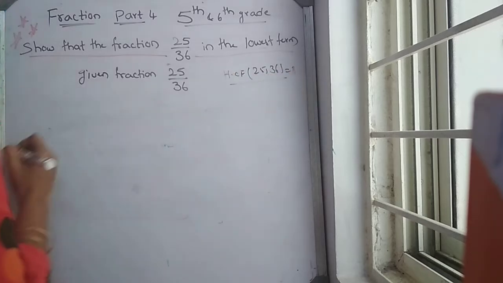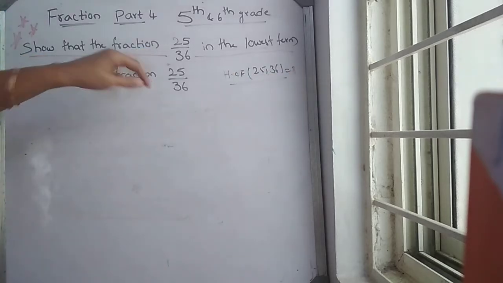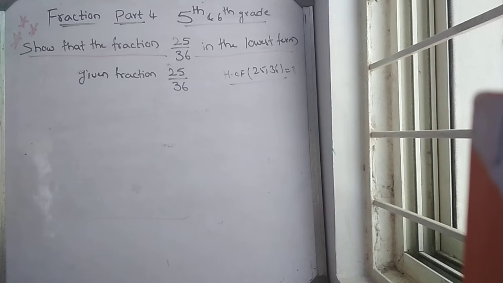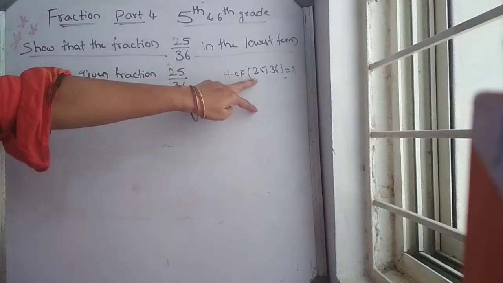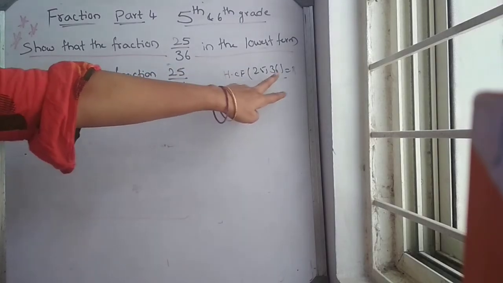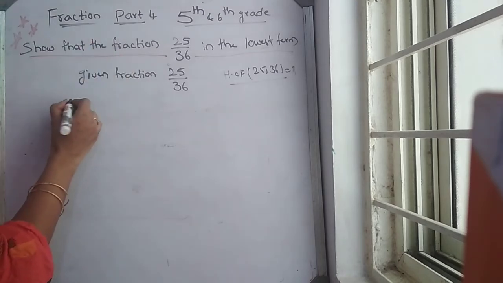If we show this, the fraction is in its lowest form. First we have to find the common factors of 25 and 36.